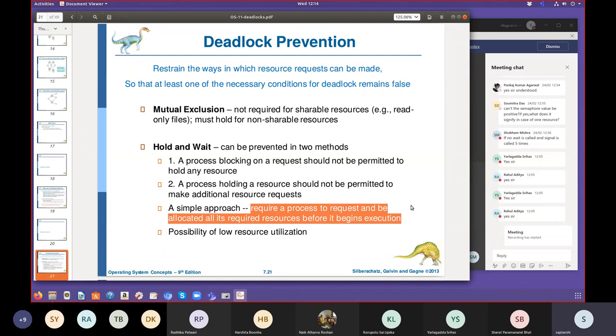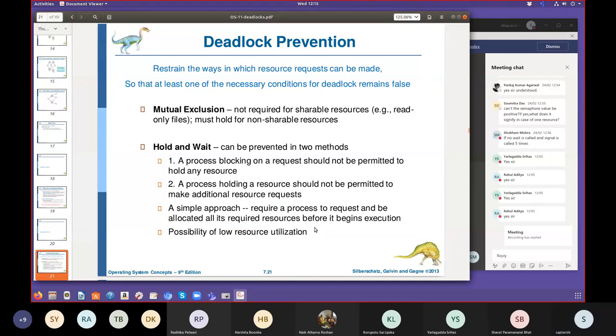This is a simple scheme: a rule that in this system, every process before it begins execution has to list all the required resources. But the problem is it will lead to low resource utilization.